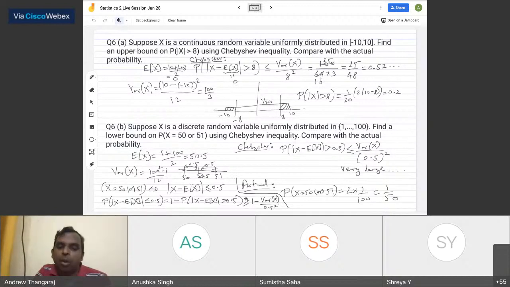You just get the value to be greater than or equal to something negative, which means it's greater than or equal to 0. So it's a very trivial bound, but in reality you may get better bounds. I should have asked for a slightly better thing than just 50 or 51. I should have asked for X going from 25 to 75 or something. In that case, you would have got a slightly better value.